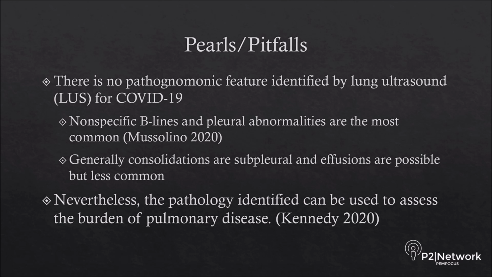These are less common. It's generally the entire pattern that you're looking for, and you can sort of assess how bad the pulmonary disease might be based on lung ultrasound, but it's hard to immediately diagnose COVID-19 based on lung ultrasound since there's really nothing that points directly to it.